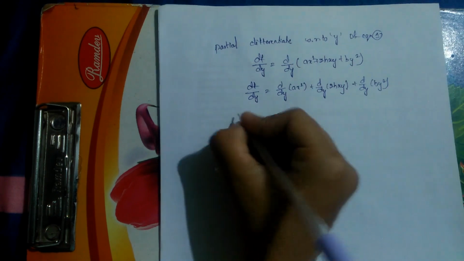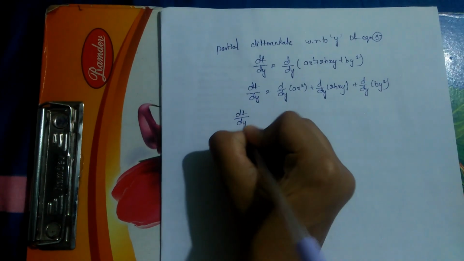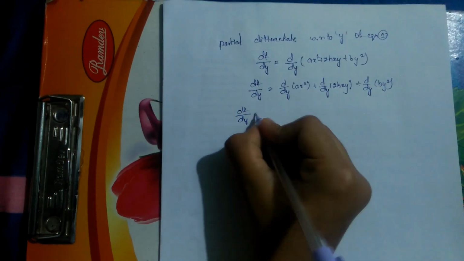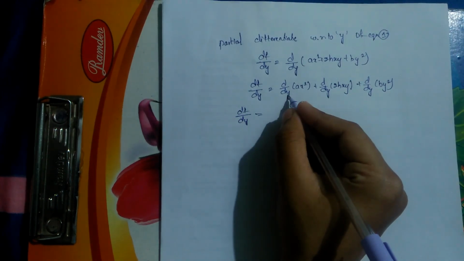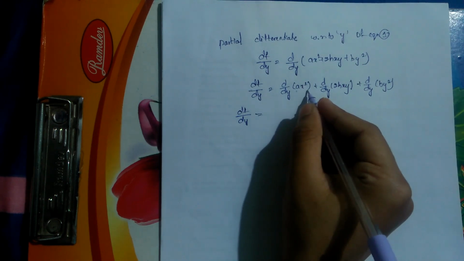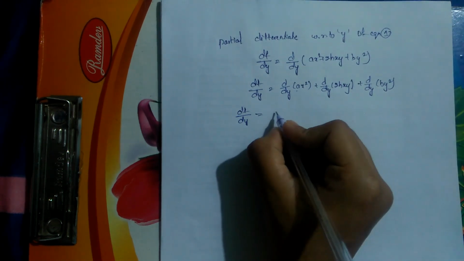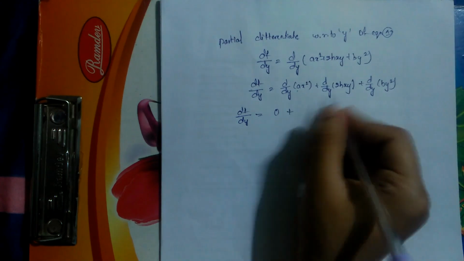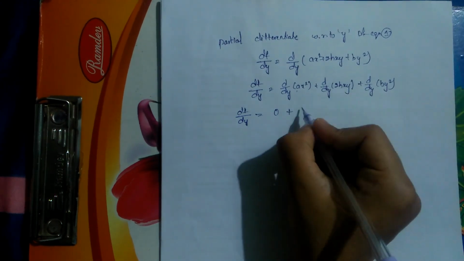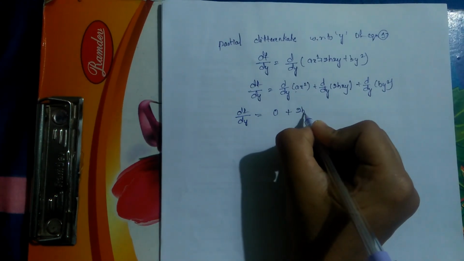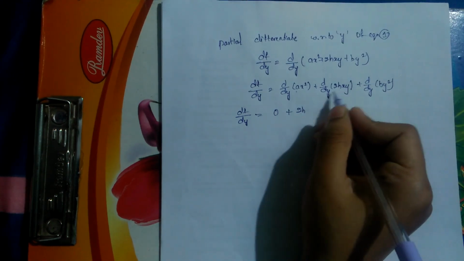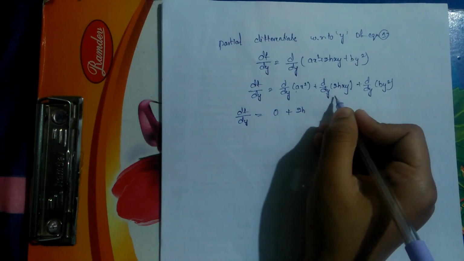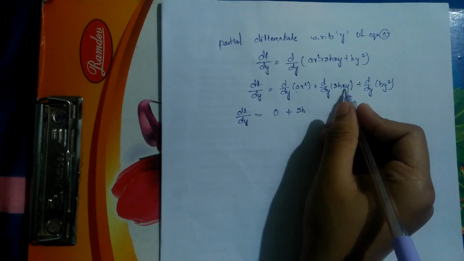Then dou f by dou y is equal to, ax square is differentiated with respect to y. As there is no y variable in this term, the whole differentiation becomes 0. Then plus dou by dou y of 2hxy. 2h is a constant as it is, and then xy is differentiated with respect to y. When differentiating with respect to y, the other variable is treated as constant. Here the other variable is x, so x is treated as constant.